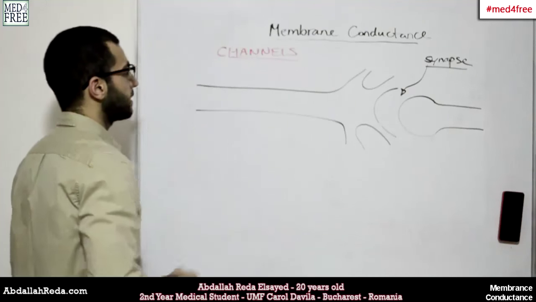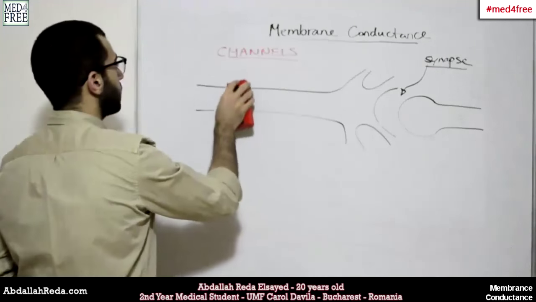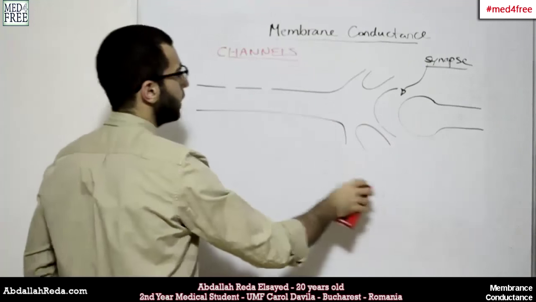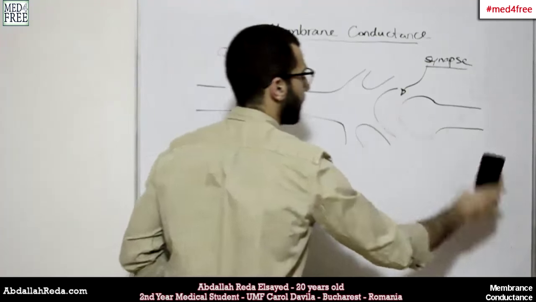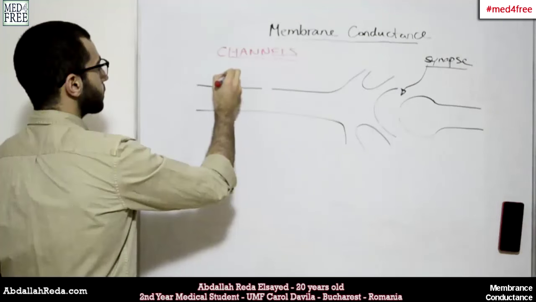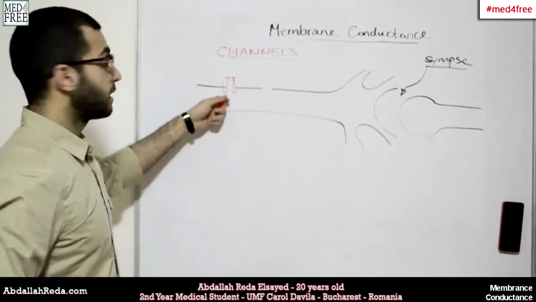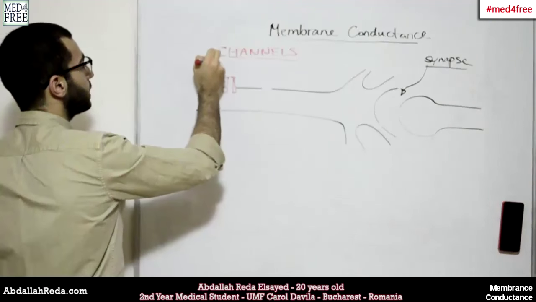The first type of channels, let's assume that this is a channel, it's called ungated.